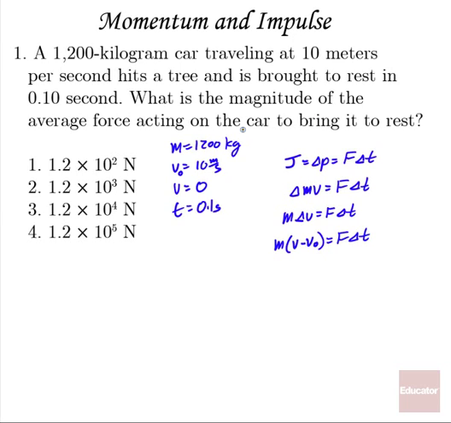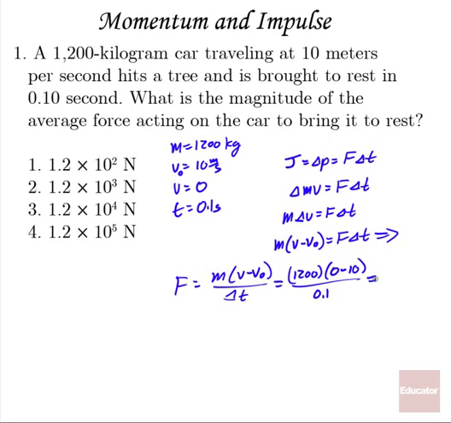And finally, I'm actually looking for force, so let's rearrange that to say that force then is mass times change in velocity divided by our time interval, where our mass then is 1,200 kilograms. Our change in velocity is going to be our final velocity, 0, minus our initial, 10 meters per second, all over our time interval of 0.1 seconds.